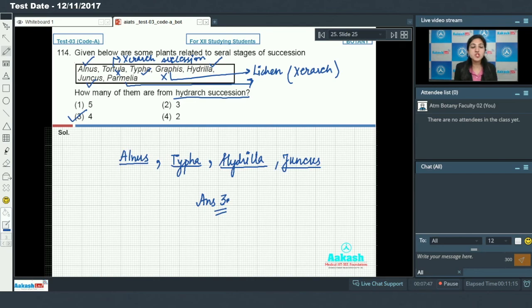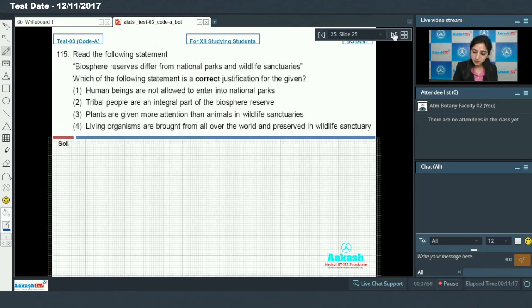Moving on to the next question, that is question number 115. 115 says, read the following statement. Biosphere reserves differ from national parks and wildlife sanctuaries. You have to identify the correct justification for this given statement.